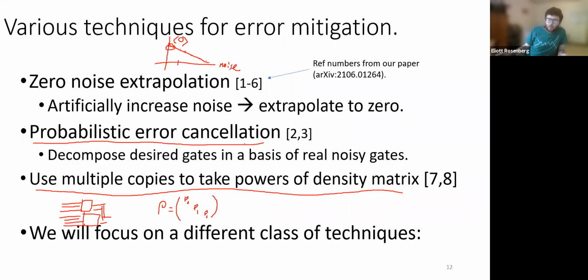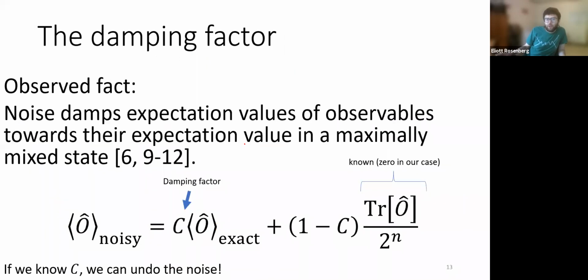But our paper is actually not about these techniques. It's about a different class of techniques. And these all are based on the following observation, which is that the effect of the noise on the expectation value of observables is generally to damp it towards what that expectation value would be in a maximally mixed state. So this here is the expectation value of the observable in a maximally mixed state.